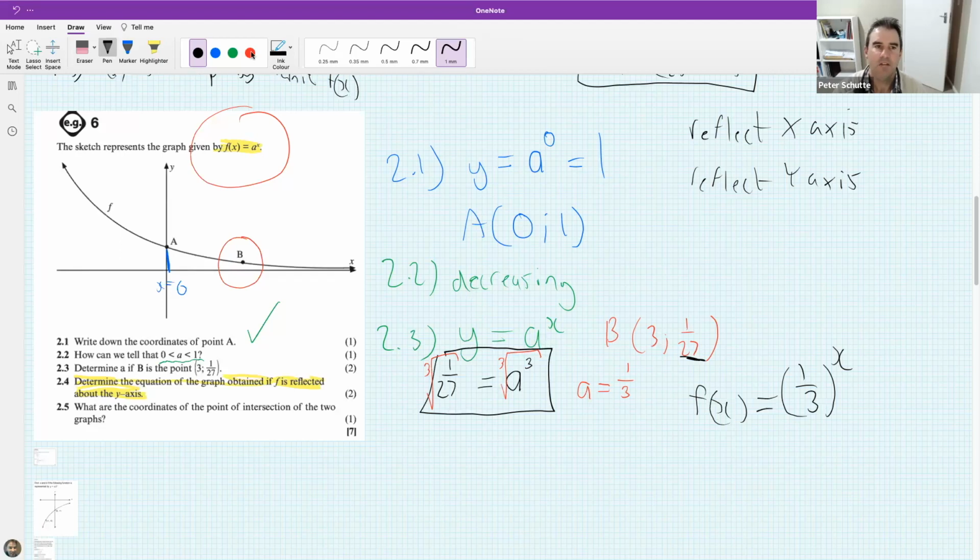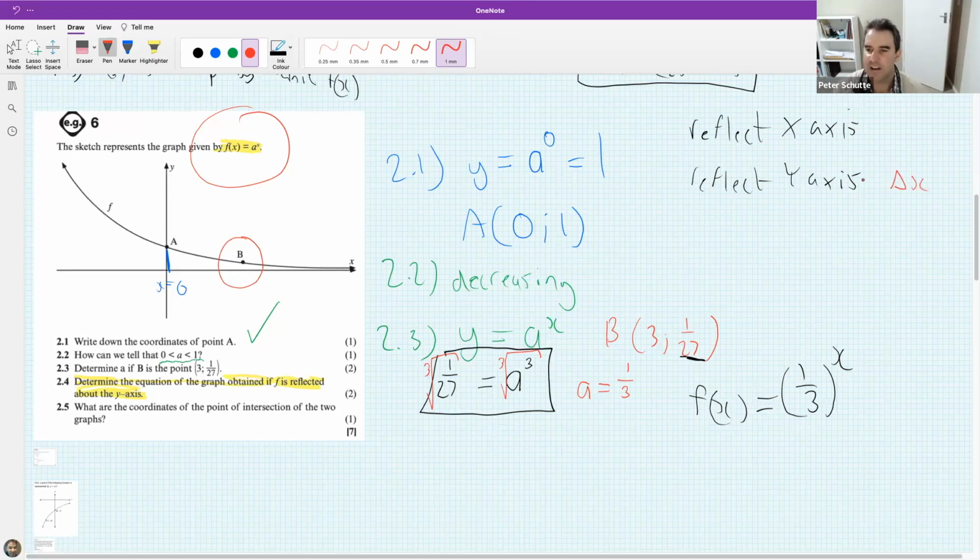If you want to reflect over the y-axis, you change the sign in front of x. If you want to reflect over the x-axis, you change the sign in front of y. In this case, it's reflected over the y-axis, which means we're looking at this bit over here.